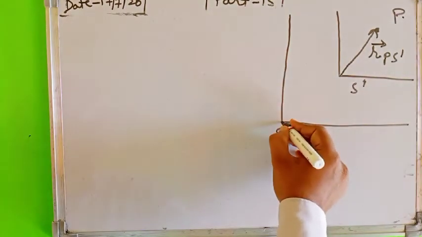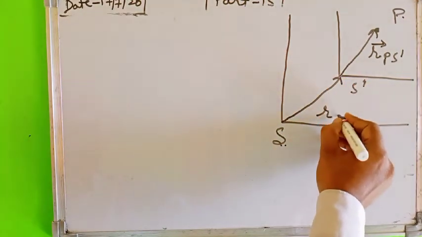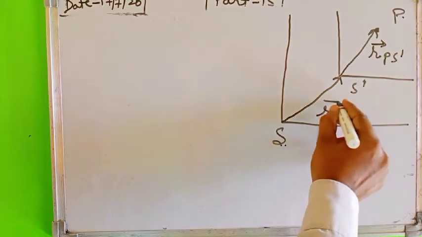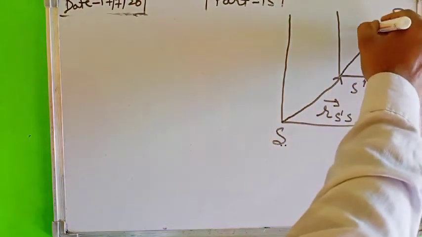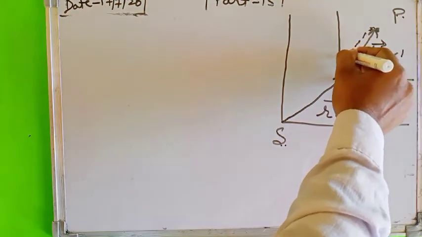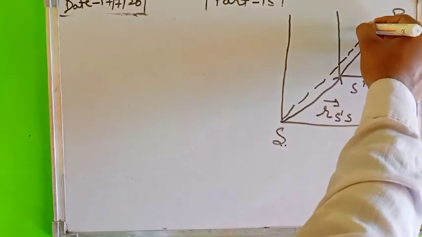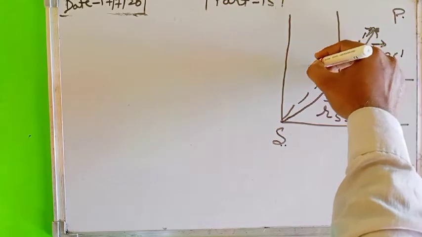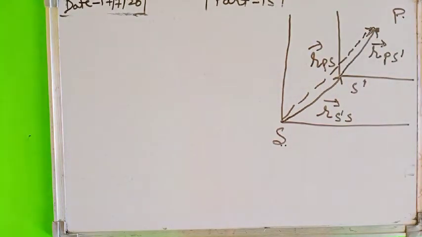And this is the position of frame S dash with S. This is the position of particle P with respect to S. Means there are two frames.